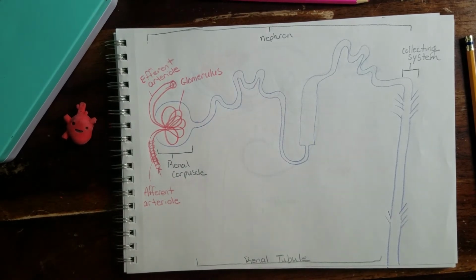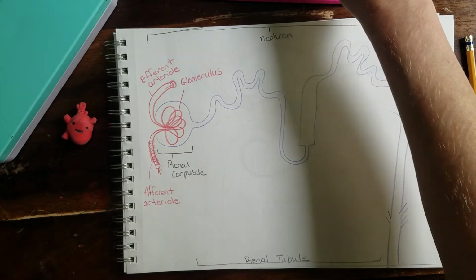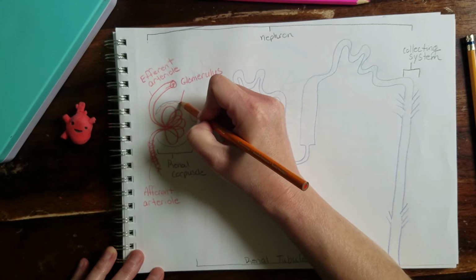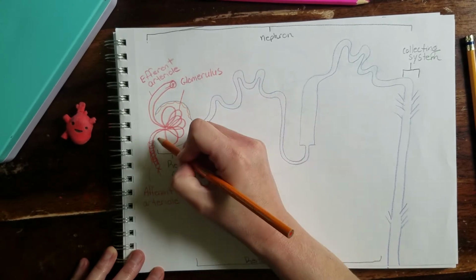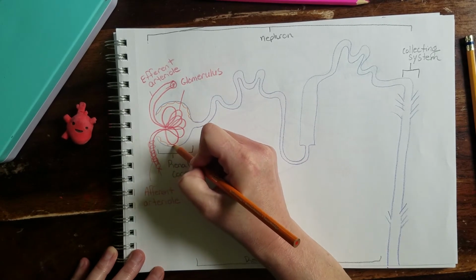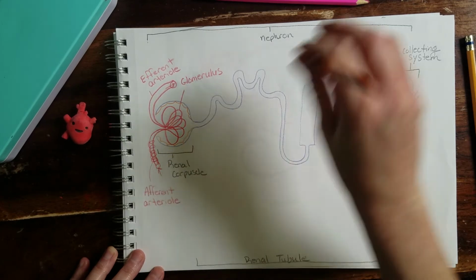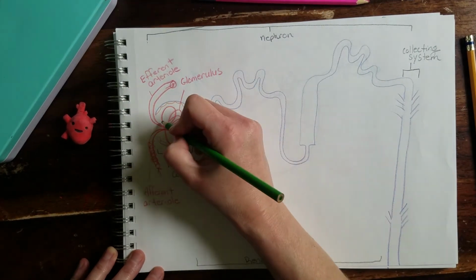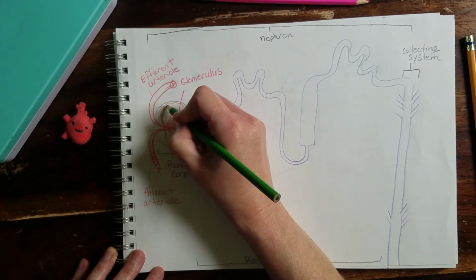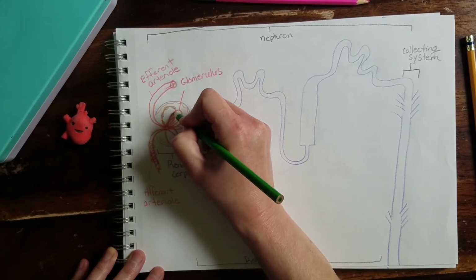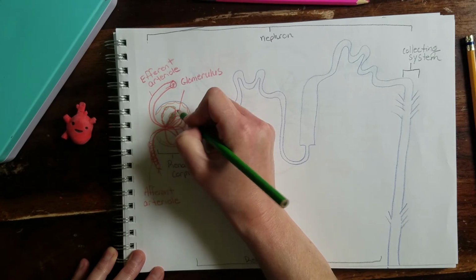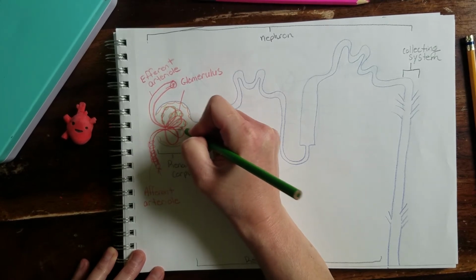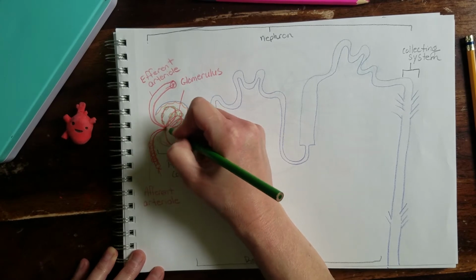Okay, so something else to add in our drawing. This is going to be a little layer of cells here in orange. And then in green, I am going to draw these little podocytes. I'll explain them as soon as we get them on.